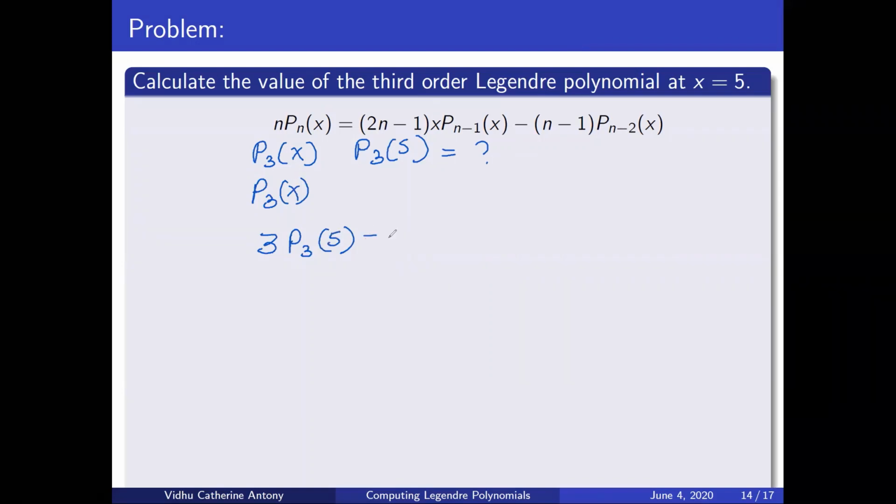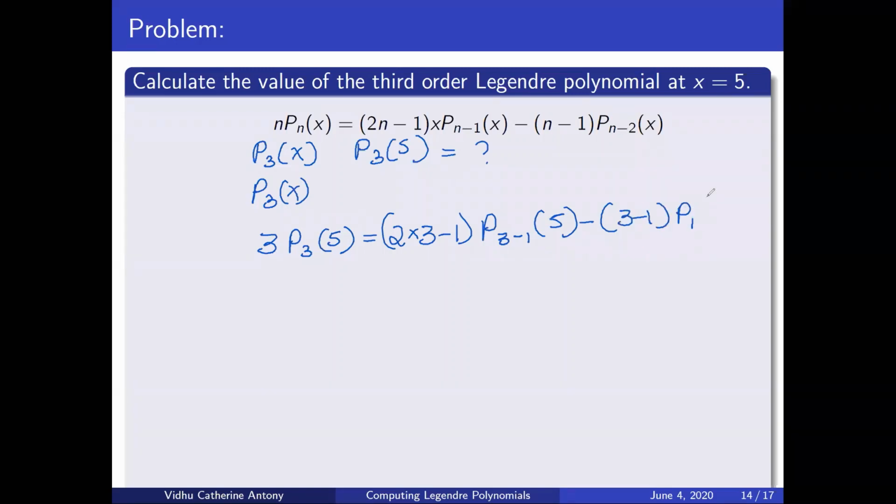This is equal to 2 into, what do you have? You have 3 minus 1. P of 3 minus 1 of 5 minus, you got n, which is 3 minus 1, P of 3 minus 1, which is 1, of 5. So what is this? 3 2s are 6 minus 1, which is 5, P2 of 5 minus 2 P1 of 5.